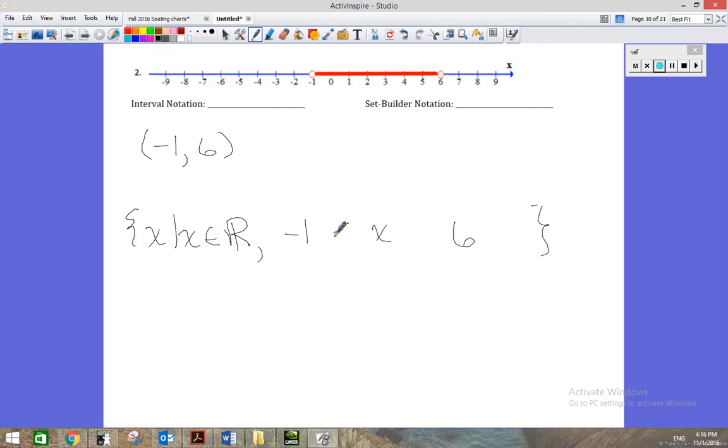I've got -1 is smaller than +6, so the arrows are pointing to the left. And since these are both hollows, I do not underline these inequalities. It is strictly less than. So this is the way to describe this graph using interval notation. This is the way to describe that same graph using set builder notation.